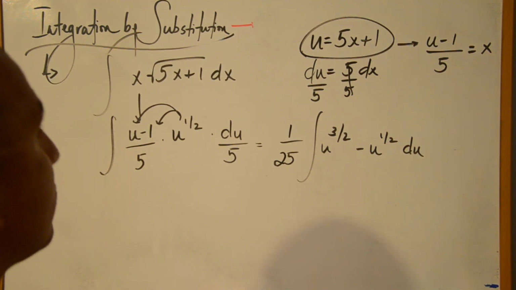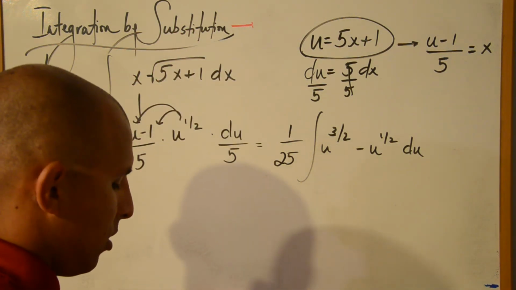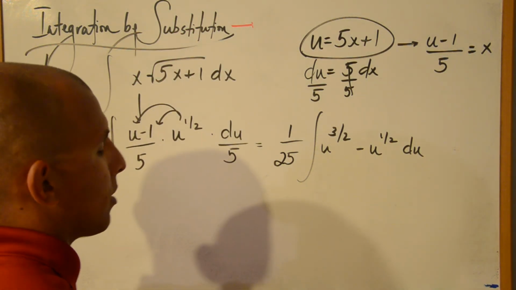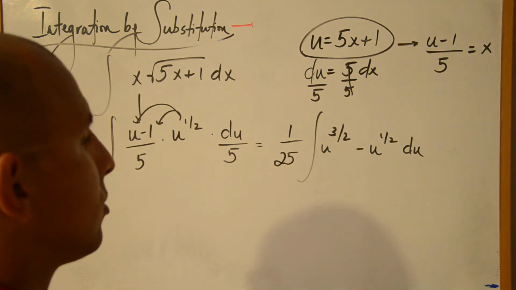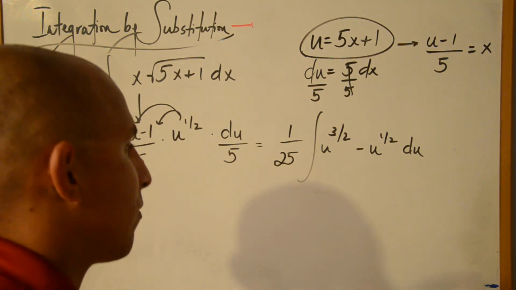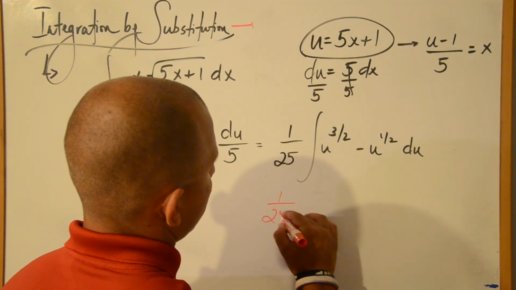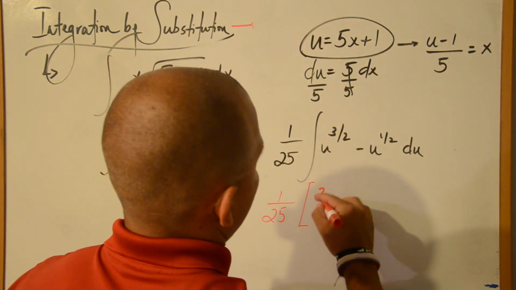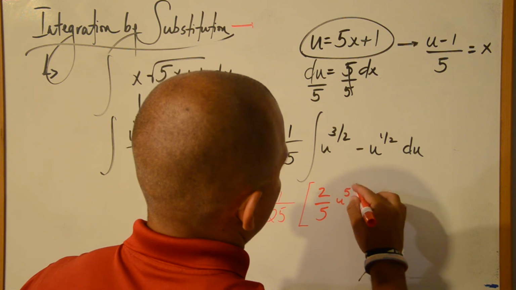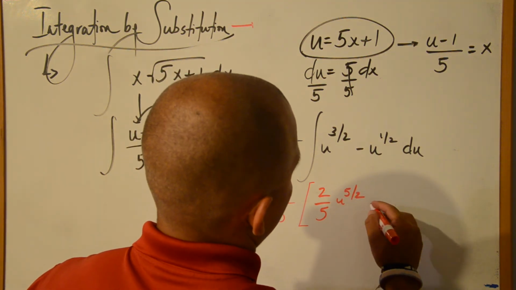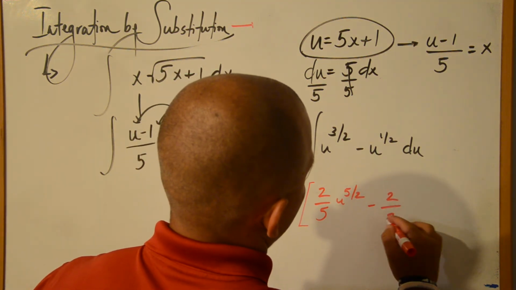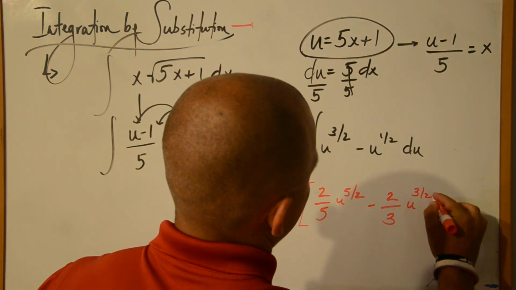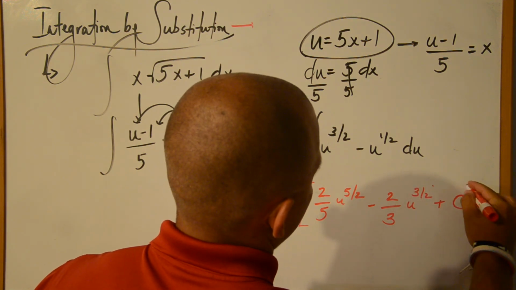Okay. This is the beauty of substitution. It just turns, typically, if we make the right call on what function to substitute, it vanquishes everything. So we get 1/25 times, if we're going to add 1/5, so the reciprocal of that, as such, minus 2/3 u to the 3/2 plus c.